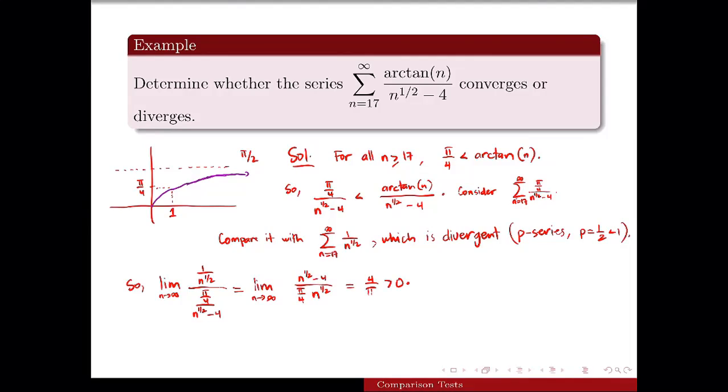So the series pi over 4 over n raised to 1/2 minus 4, from 17 up to plus infinity is divergent by limit comparison test.